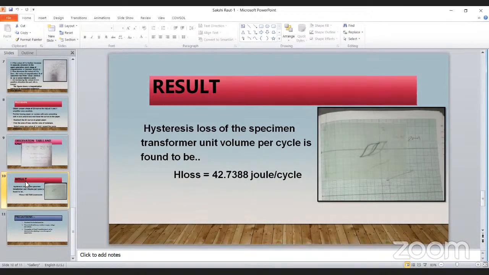Okay, for which material do we plot the hysteresis loop? Ferromagnetic substance, sir. Can we get the same graph for diamagnetic or paramagnetic material? No, sir, because it doesn't show the BH loop, sir. Okay. Next.